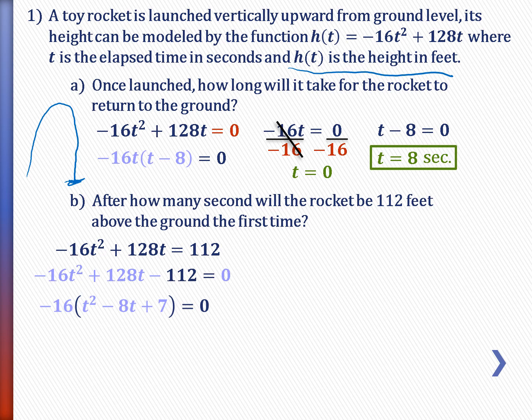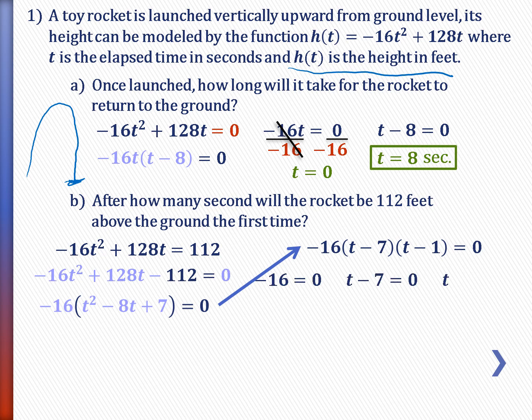So then I say, well, okay, can I factor the inside further? What are 2 numbers that multiply to make 7 that add to make negative 8? Well, how about negative 7 and negative 1? So that gives me negative 16 times t minus 7 times t minus 1 equals 0. I then take and set each factor equal to 0.